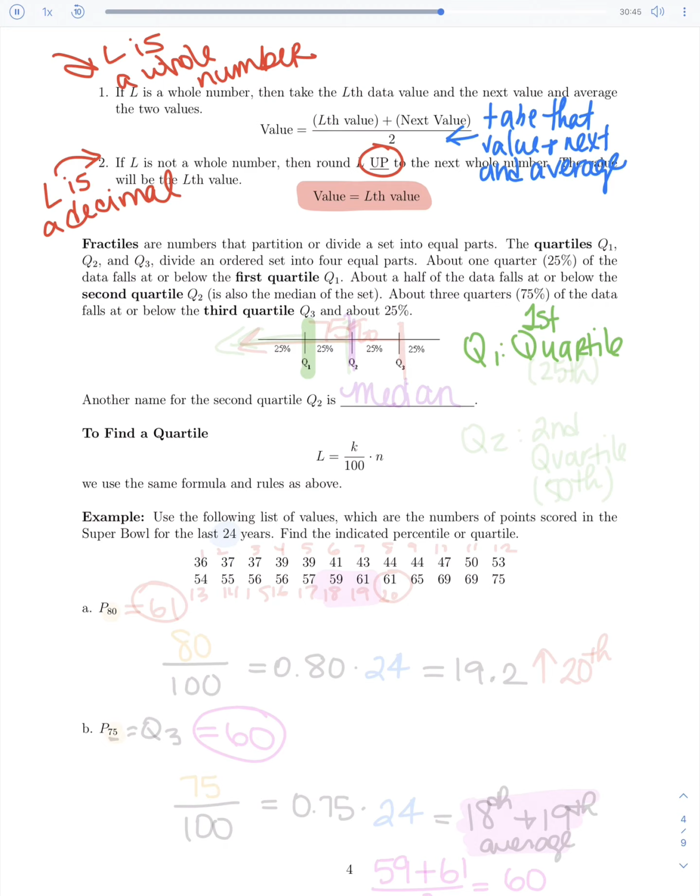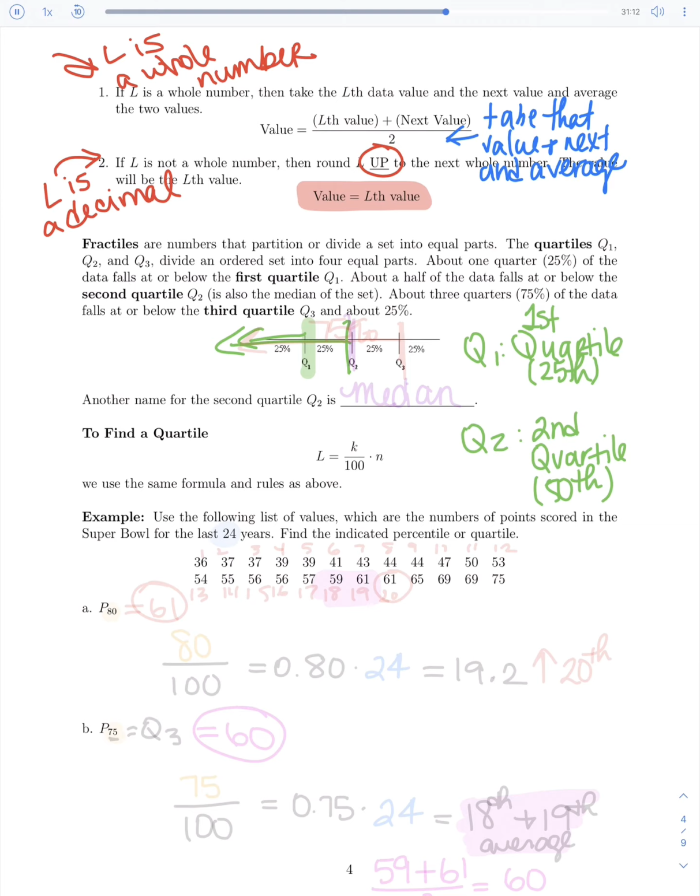That's the same idea here: you've got 25% of your data behind you. So when we say Q1 or first quartile, we're talking about the 25th percentile. The second quartile, meaning 2 quarters, which would be 50%, or 50 cents, is the 50th percentile, your halfway mark.